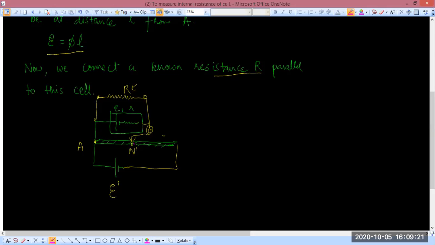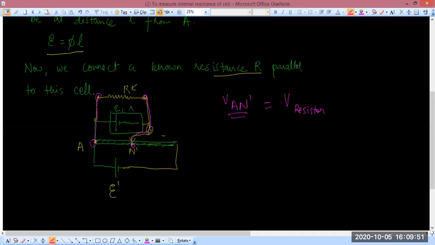If you find a null point, there's definitely some potential difference between the point A and N dash. This is not going to be zero. This is some value. So do you see that ultimately this resistor R and this point are going to be connected in parallel? Yes or no, everyone? They are connected in parallel.